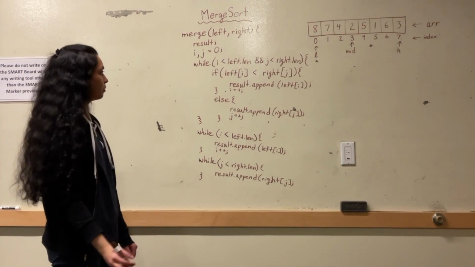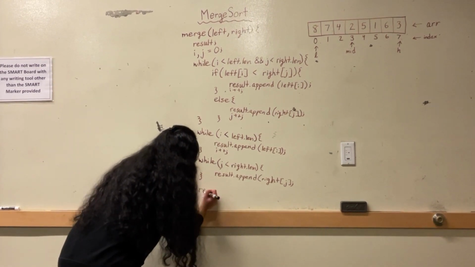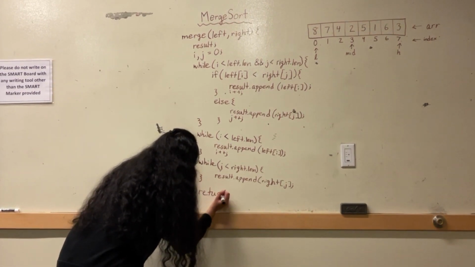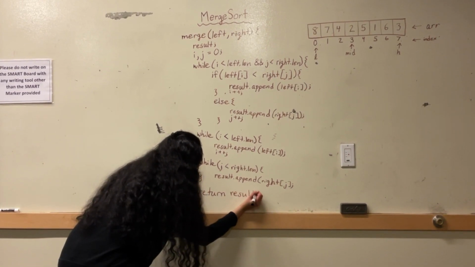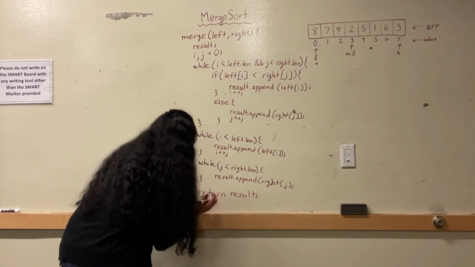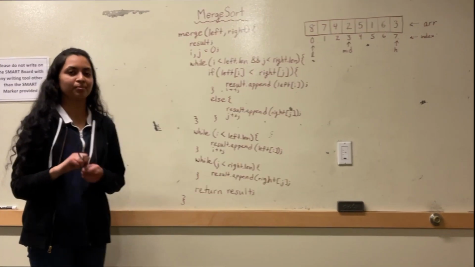And after that, we're just going to return the result array. And that's the end of the merge function.